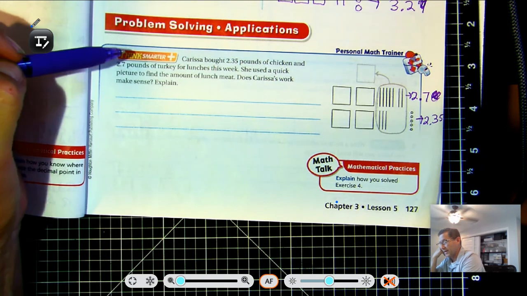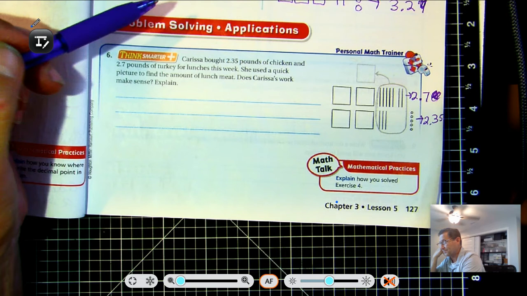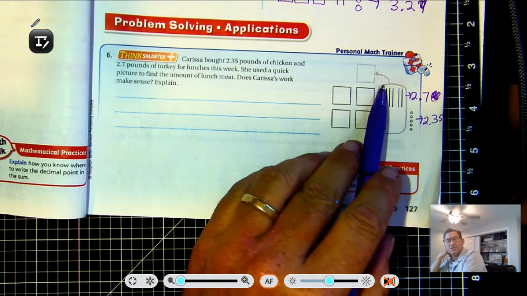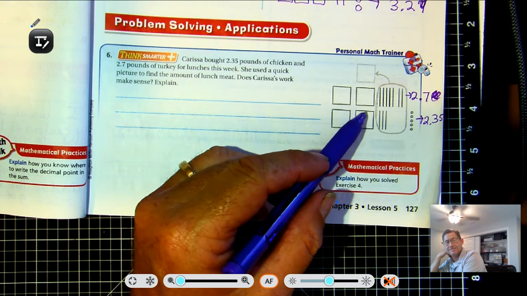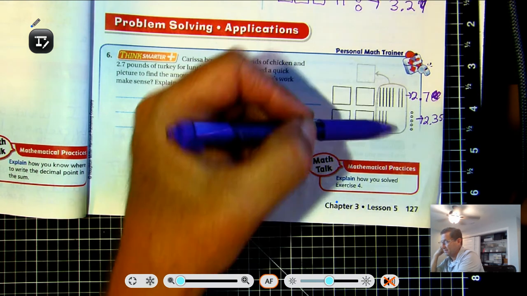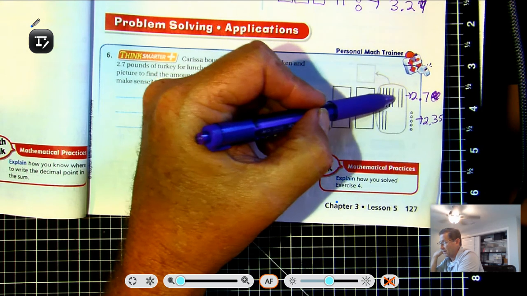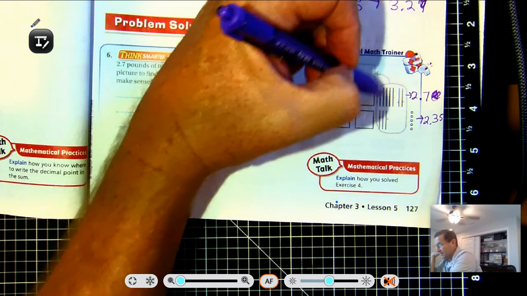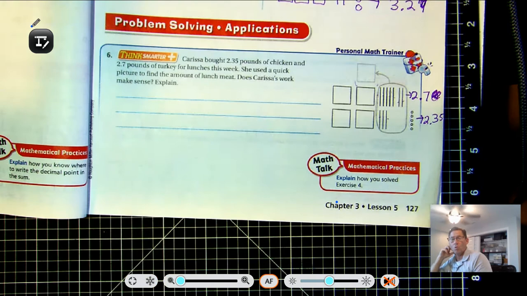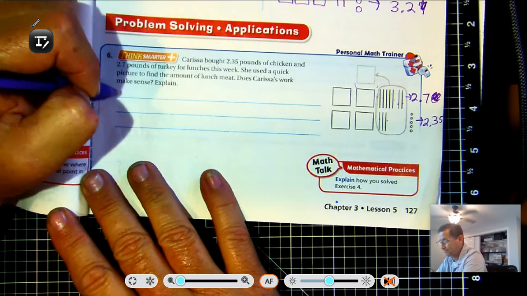Does her picture make sense? Well, she's showing me here that she's regrouping 10 tenths. 1, 2, 3, 4, 5, 6, 7, 8, 9, 10. So she circled all the tenths, exchanged them for one whole. So yeah, her picture makes sense.